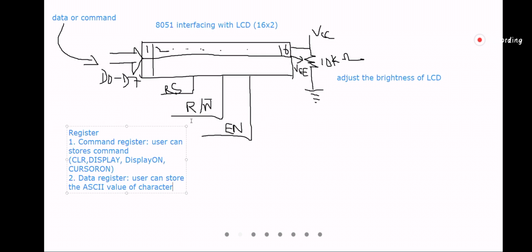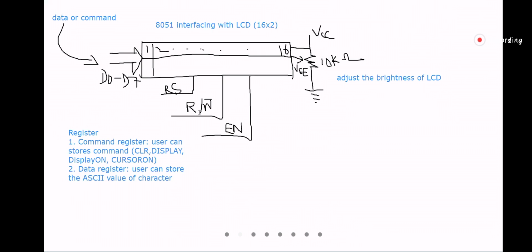Now, what are these RS, read, write? First one is RS. RS stands for register select. If register select is 0, that means the register will act like a command register.